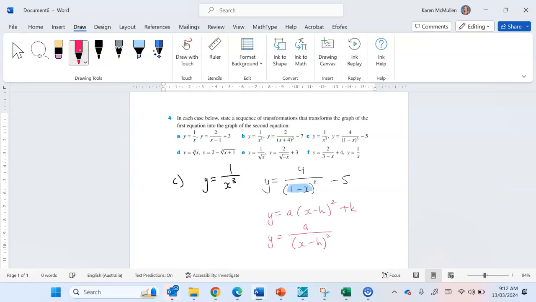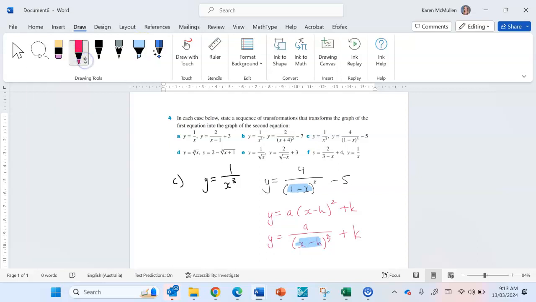I don't like using h and k, but I will for this one, just so we can see the similarities. See how it's quite similar. And that should be a cube there, sorry guys. The formatting is very similar, just a different function. So you do the same process, or read your transformations the same way. I've highlighted this in blue. We need it to look like this to read the transformations.